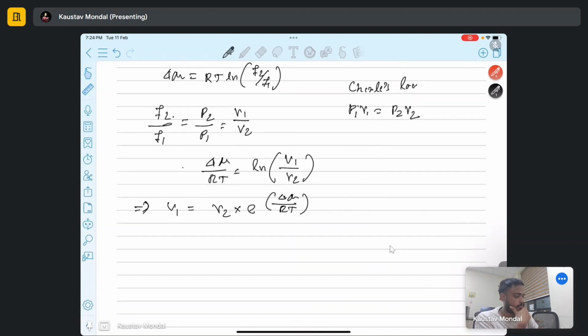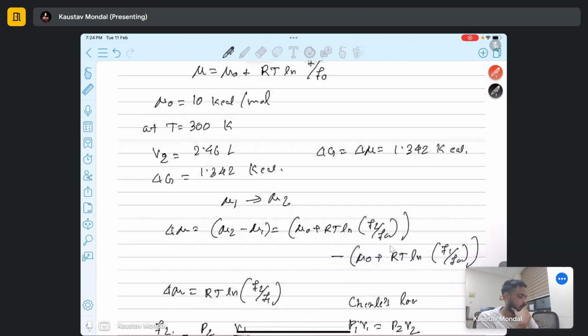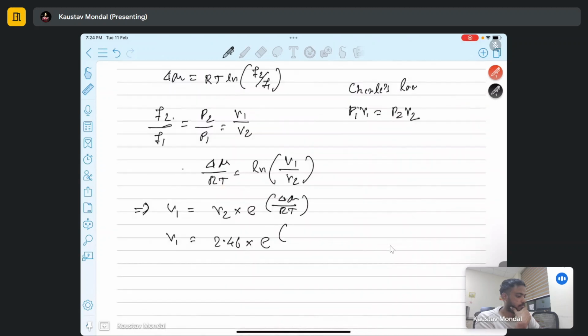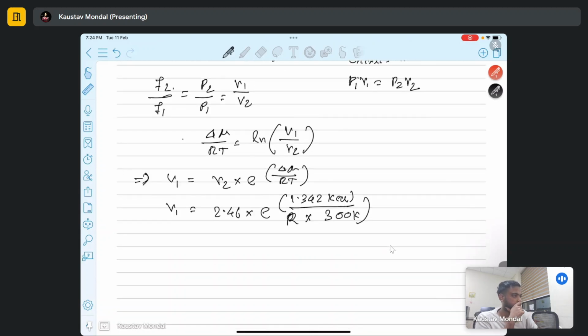R you already know, T is 300 Kelvin, and v2 is 2.46. So v1 will equal 2.46 into e to the power 1.342 kilocalorie by R into T, 300 Kelvin. Now if you do all the calculation, you will get V1 as 23.34 liter.